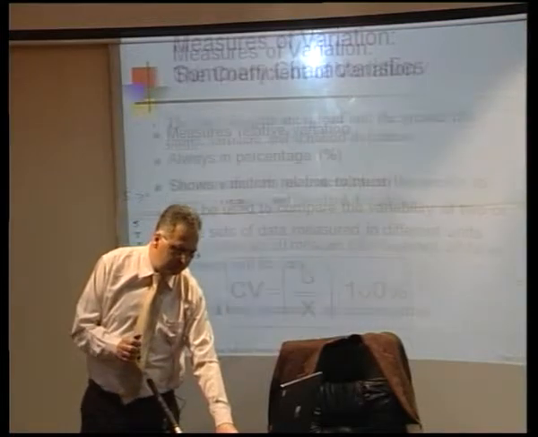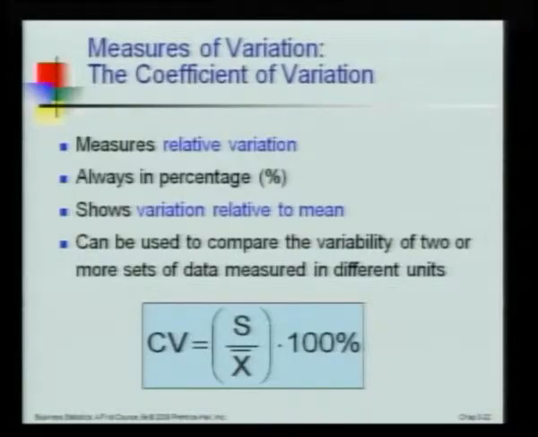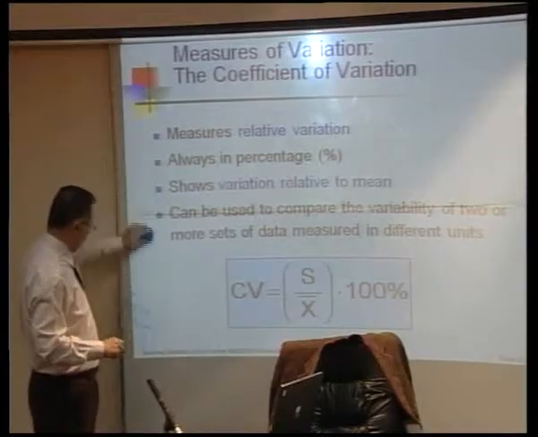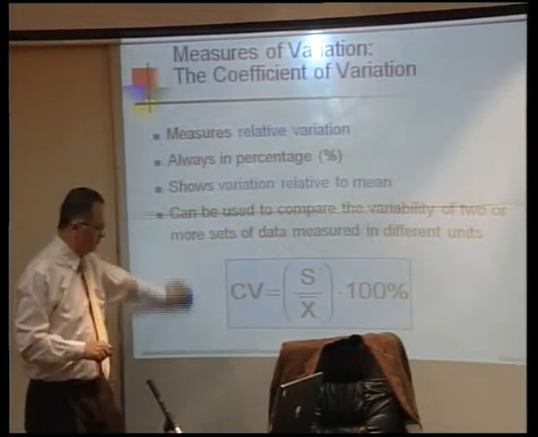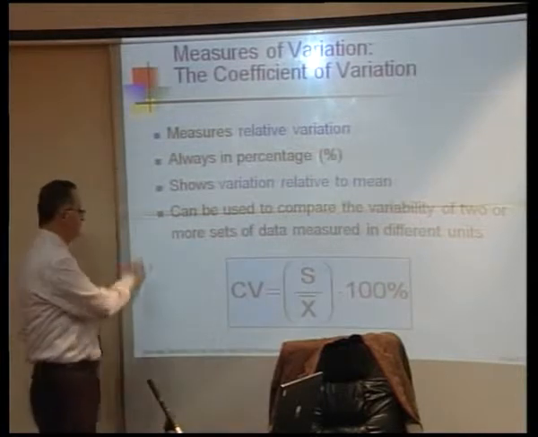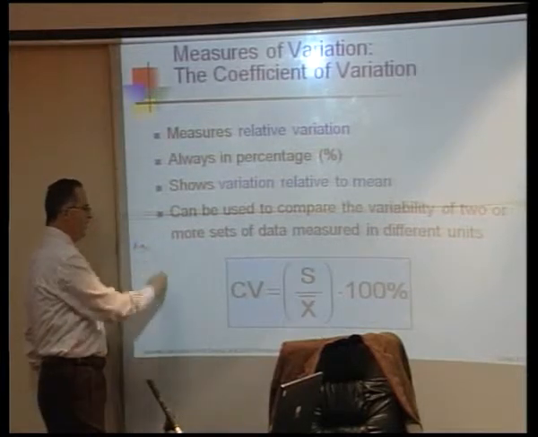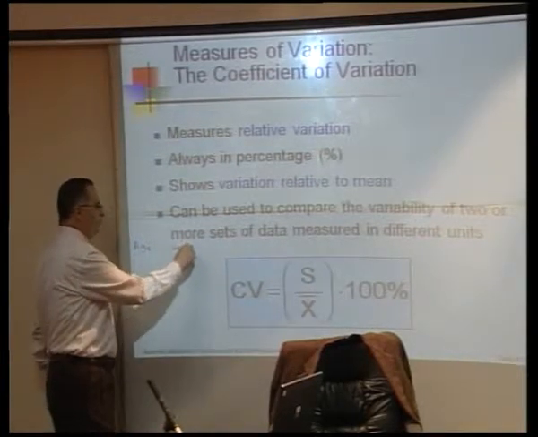Let's move to another measure of variation, which is called the coefficient of variation. Consider we have two data sets, one for age and the other one for weight.